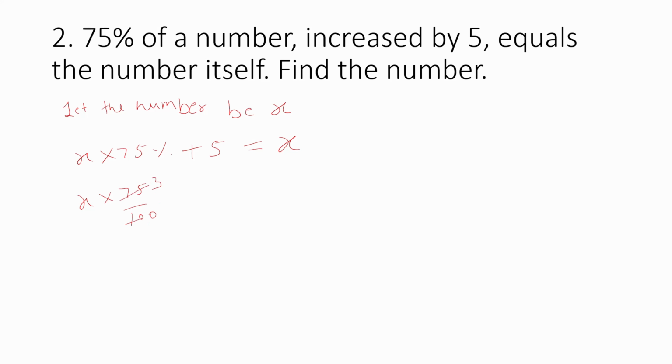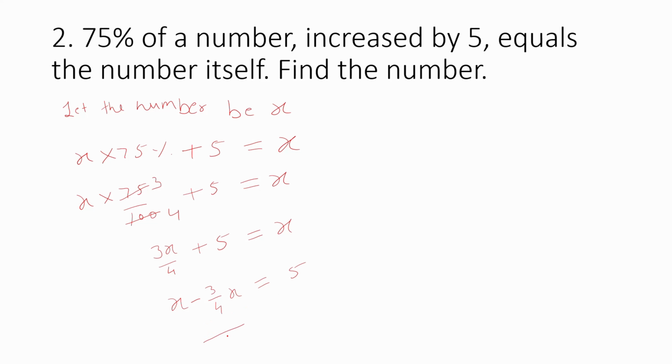25 3s are 75, 25 4s are 100, plus 5 is equal to x, means 3x upon 4 plus 5 is equal to x, or we can say x minus 3 upon 4x is equal to 5.